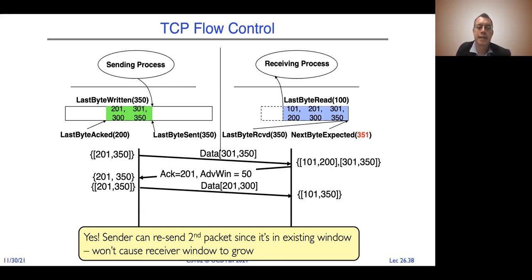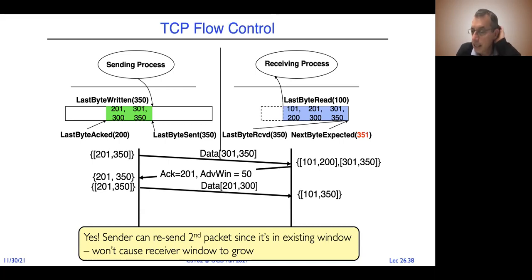Yes, this is a question from Simon. Would last byte read cause a bottleneck on how fast we can clear the buffer if we are not spending enough cycles to memcpy from buffer to process? We cannot advance last byte read as fast, so that limits our advertised window.